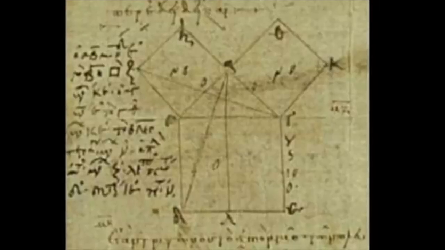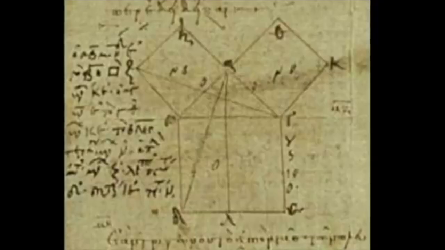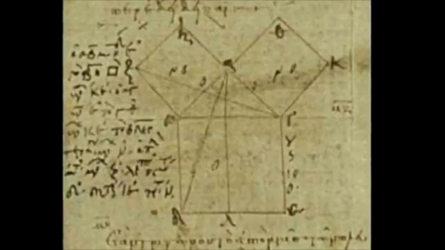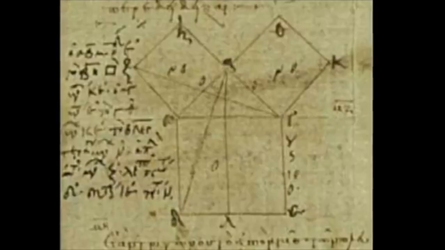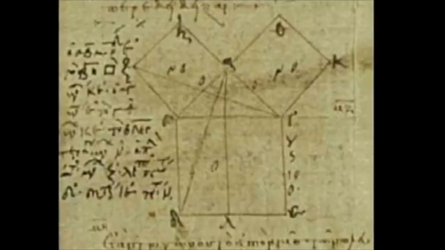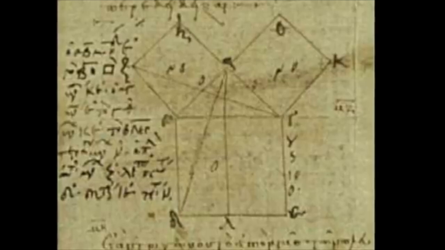This rule, called still the Pythagorean theorem, describes the fact that in a right-angled triangle, the square of the hypotenuse is equal to the sum of the squares of the sides.